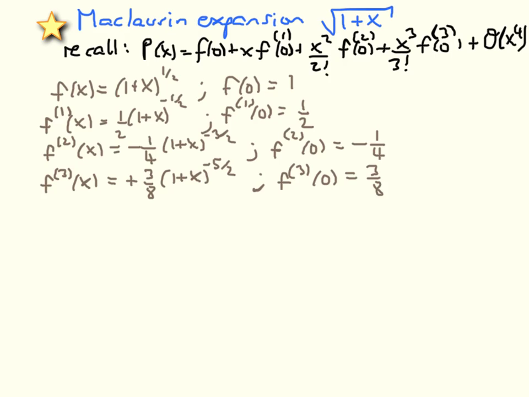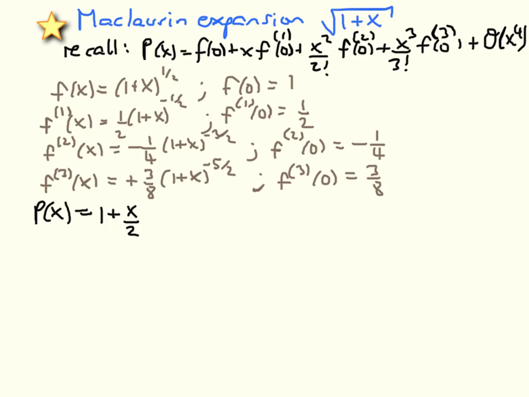So we have 4 terms here, all of which are non-zero, and for the purposes of this quiz we can stop our work here and substitute these into our formula. So this tells us that our Maclaurin expansion of the square root is going to be our function at 0, and that's 1, and then it's plus x times our function's derivative evaluated at 0, and that is a half, so we're going to get plus x over 2.